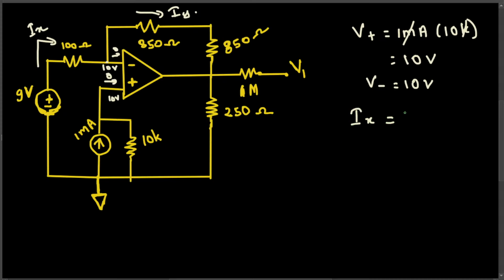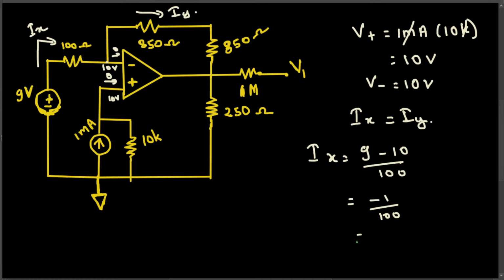IX is straightforward. We can find it without adding any equation by just looking at the voltage difference divided by the resistance. So IX is going to be 9 minus 10 divided by 100. That is negative 1 divided by 100, which is negative 0.1 milliampere.